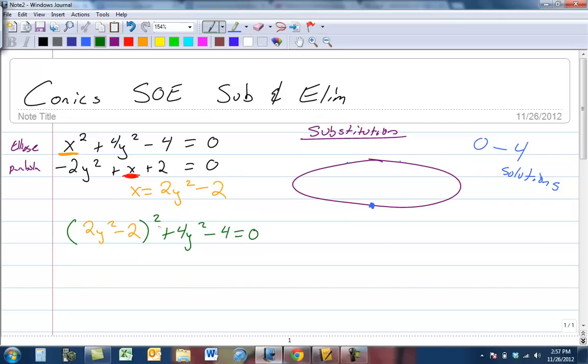Now, because this is squared, we're going to have to FOIL this out. So this is 4y to the 4th minus 4y squared minus 4y squared plus 4. All right, FOILing this out. Then we still have our plus 4y squared minus 4 equals 0.